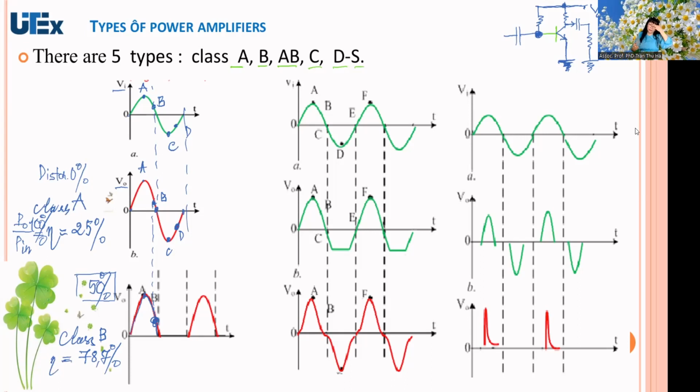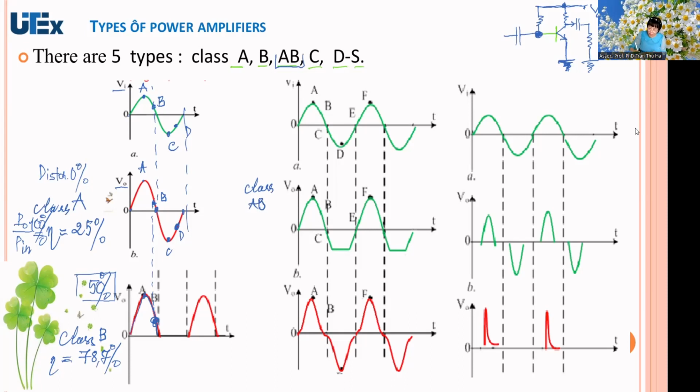And people can mix and combine class A and class B. We have class AB.